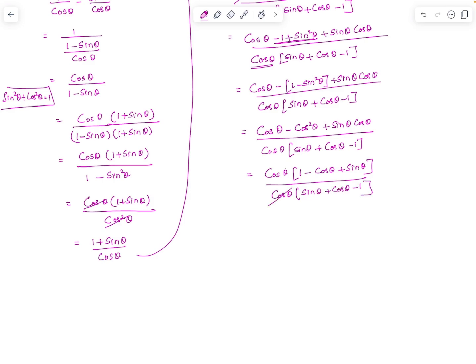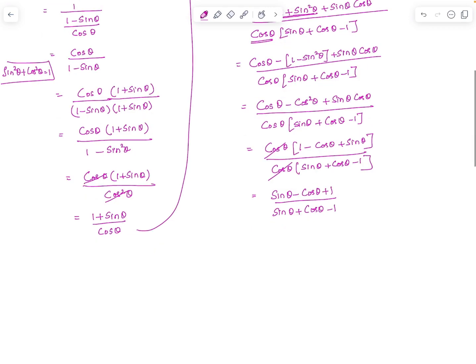Now this cos theta gets cancelled. Let's rearrange the terms in the numerator: sin theta minus cos theta plus 1 upon sin theta plus cos theta minus 1. So this is our LHS. Since LHS is equal to RHS, hence proved.